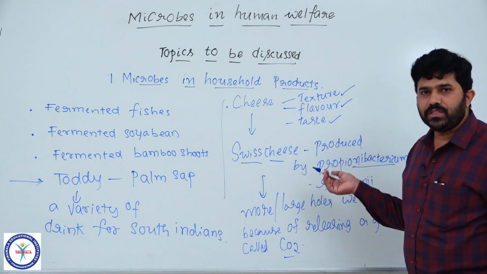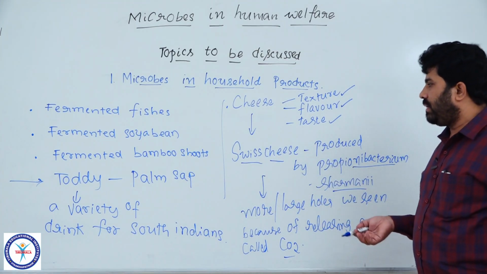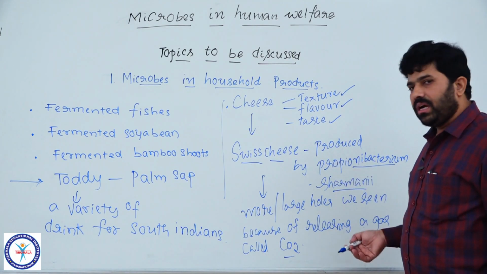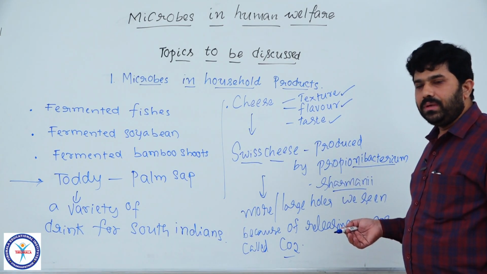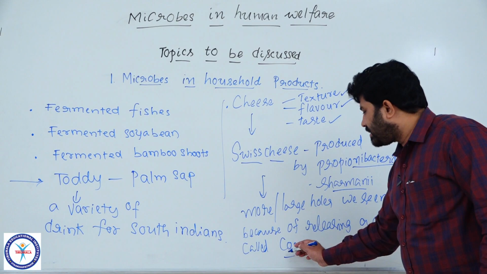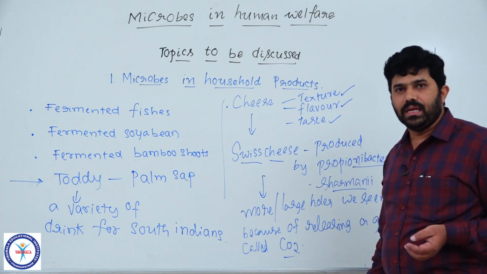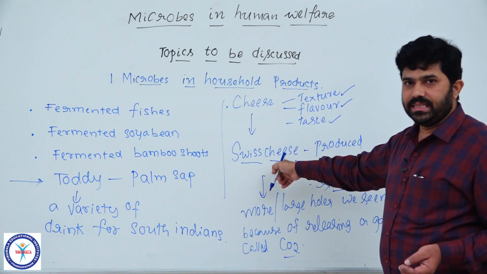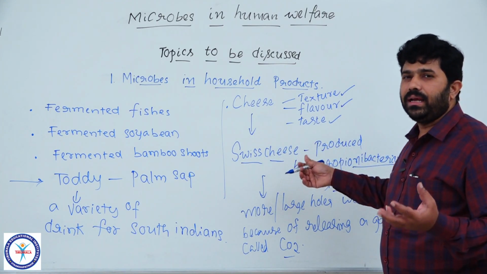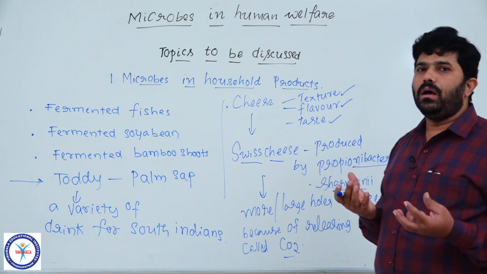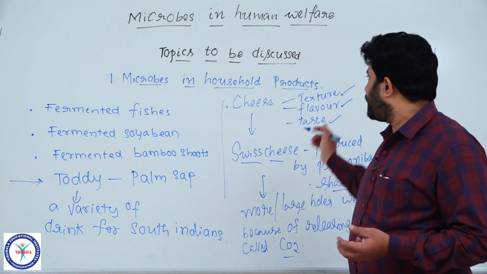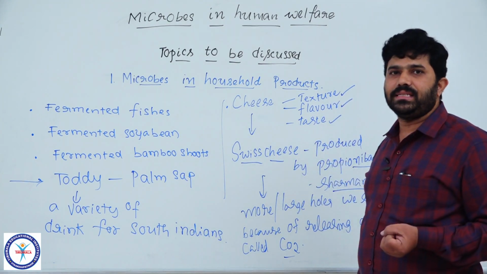During the process of respiration conducted by the bacteria we are adding here, it releases CO2. CO2 gas makes very big and large holes in the cheese. Then that cheese has properties like softness, texture, flavor, taste, everything.